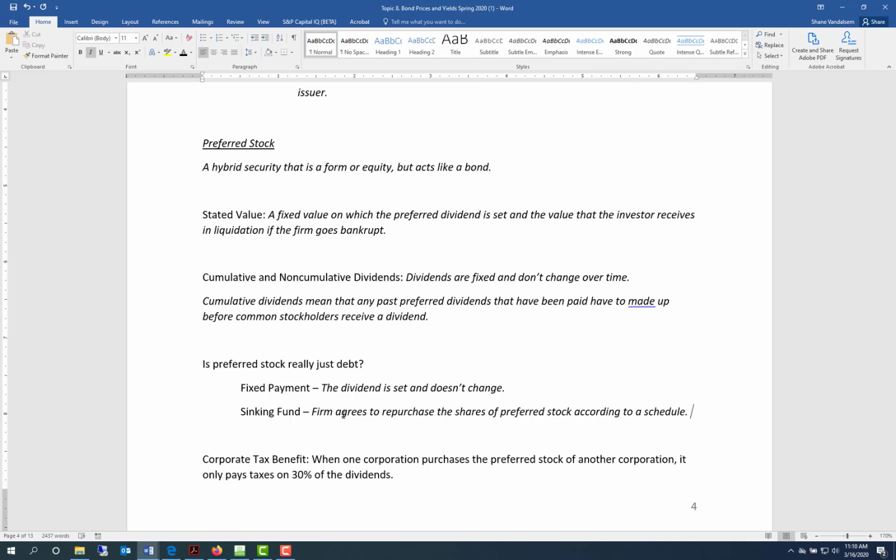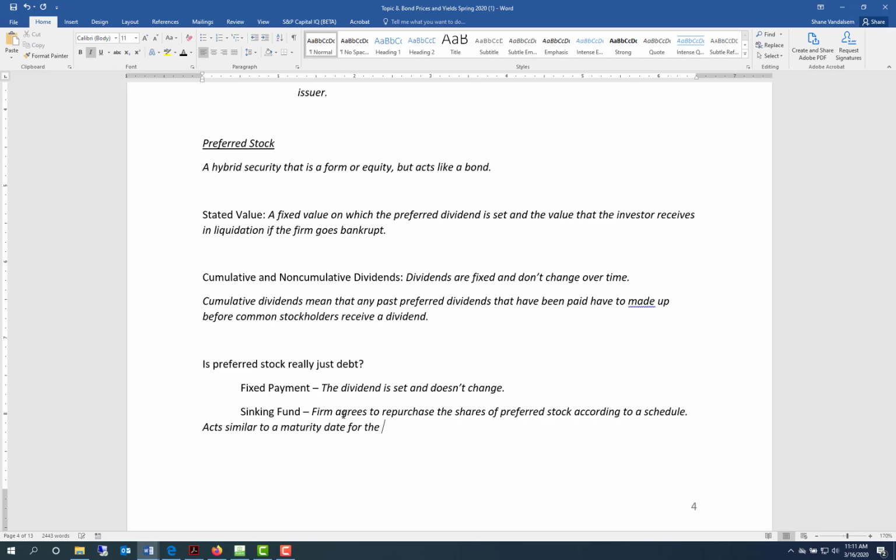This acts a lot like a maturity date for these securities. And so the question often arises, is preferred stock really just debt? And a lot of financial analysts treat preferred stock like debt.